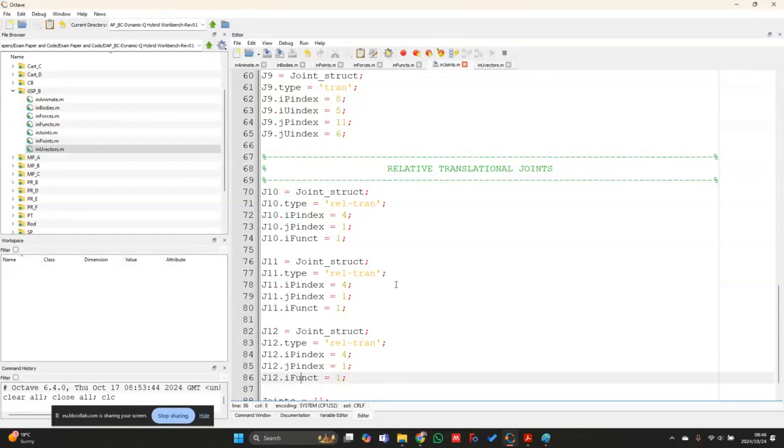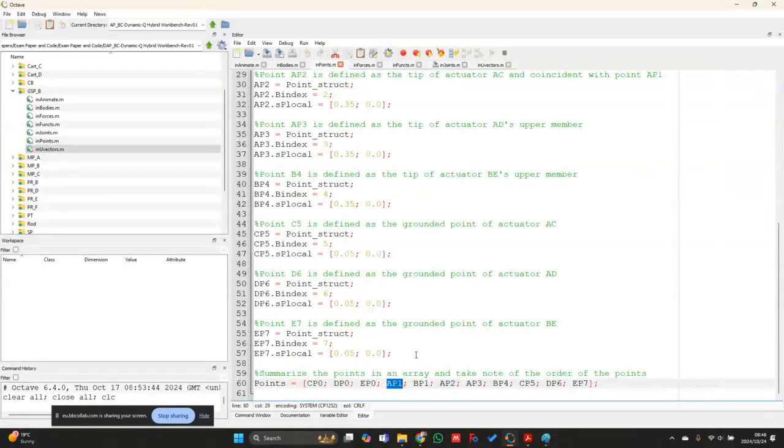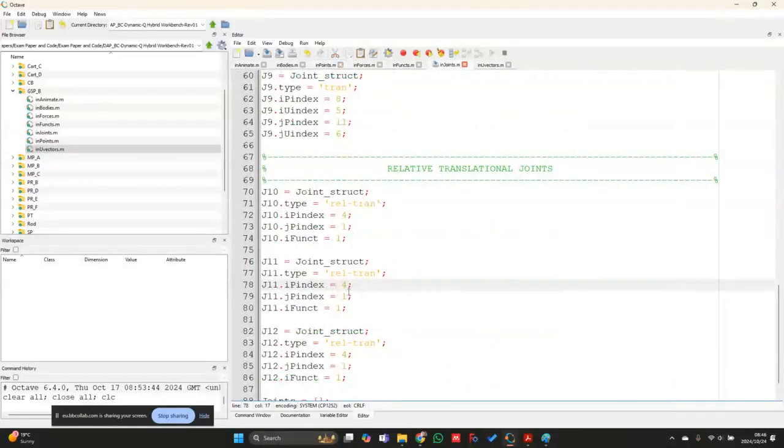Okay. So now with regards to J11, if we look at its point indices, this would be A1 and D0 that we're focusing on. So this will be still 0.4, but then the JP index will be DP0, so that would be 2.